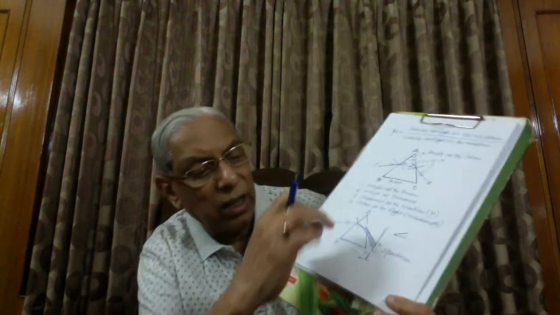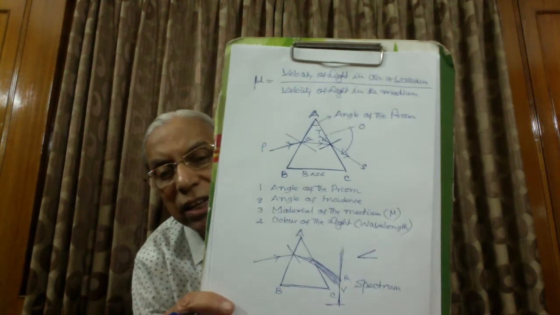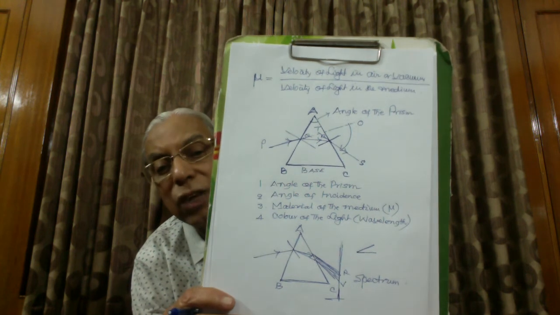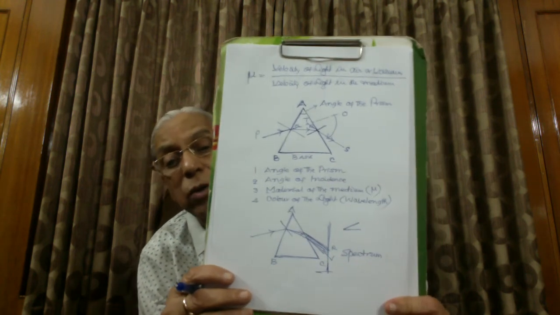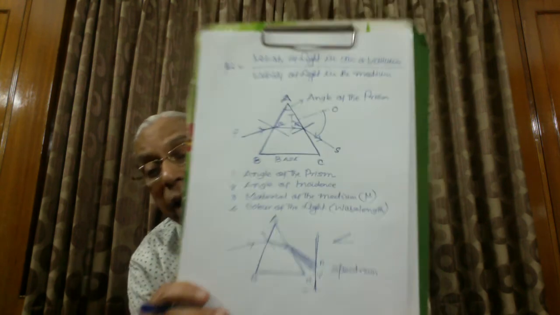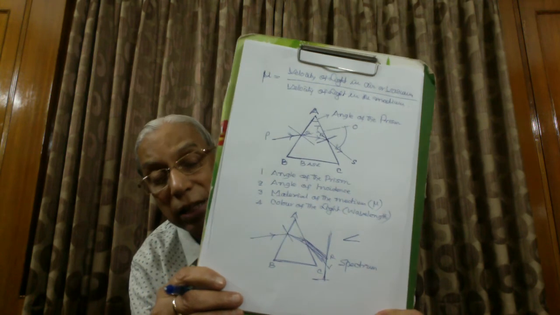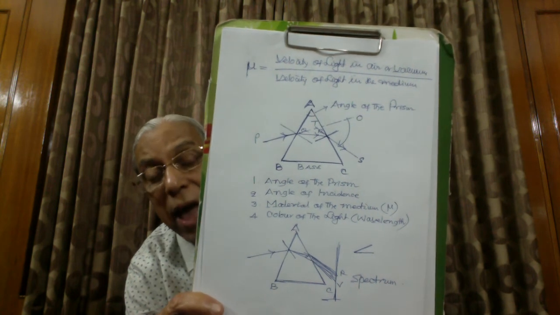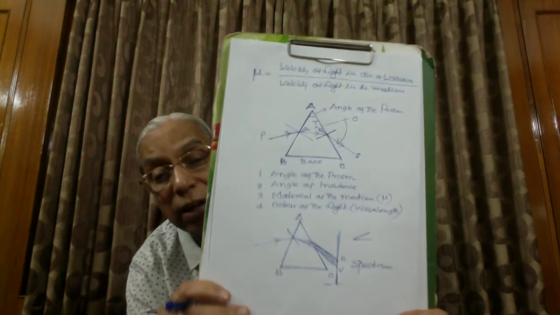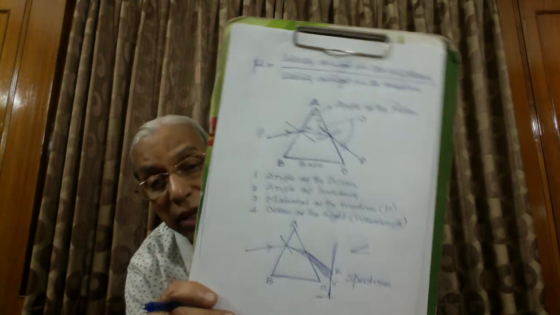Because it is a divergent beam of light, different rays are incident on AB at different angles and each ray will produce a spectrum and they bend to different extents, and therefore there is overlapping of colors. The answer is that here the angle of incidence changes. All the incident rays will not be incident at the same angle. That is how an impure spectrum arises. Overlapping of colors is there.